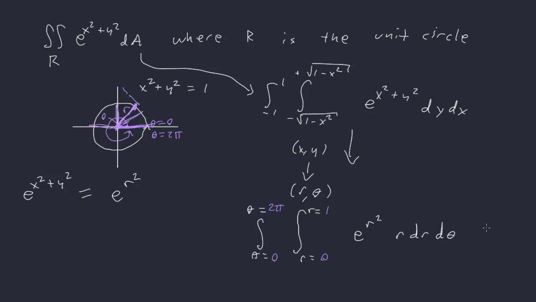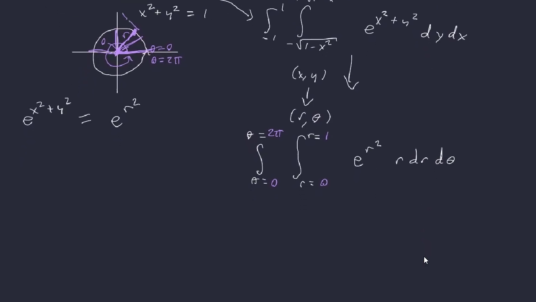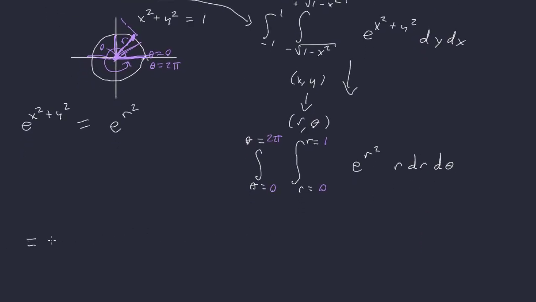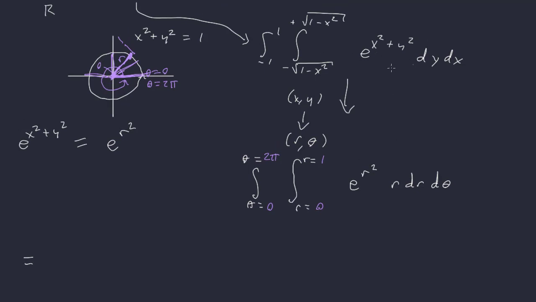And now we have an integral that we can actually evaluate. Integrating with respect to r, here we couldn't set this integral up at all, right? This was impossible, but now that we have the r sitting outside e to the r squared, we can do a quick u substitution.